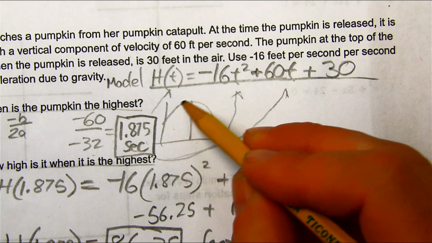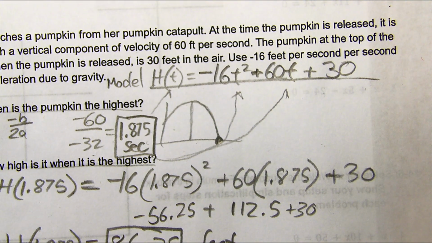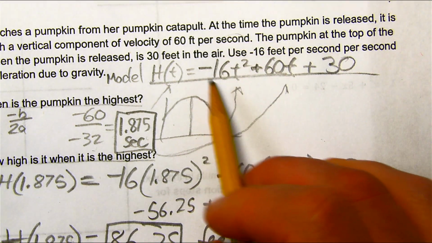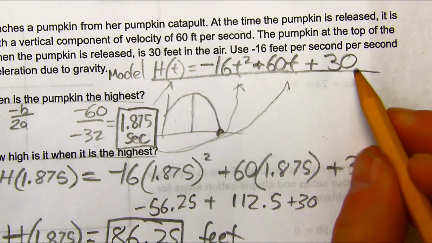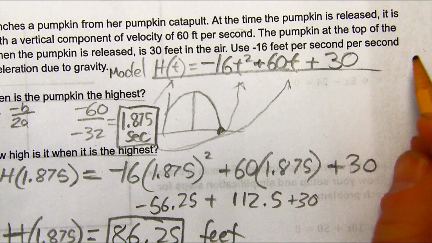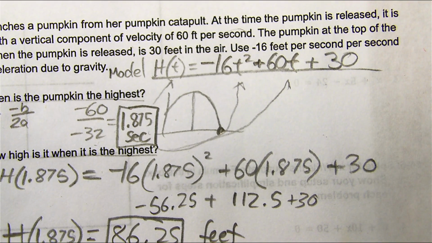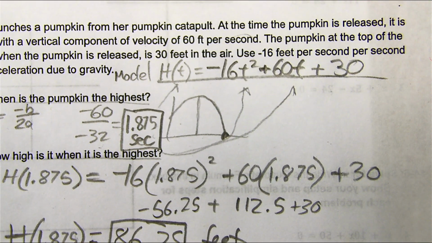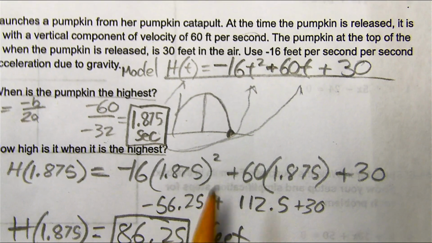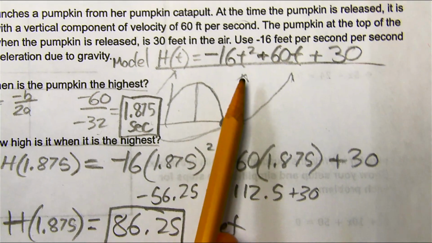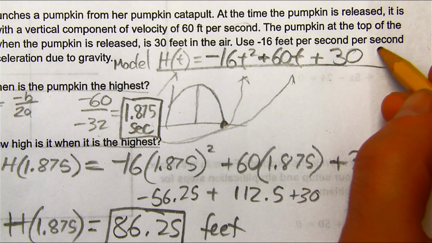When does the pumpkin hit the ground? Going back to our picture, the ground is at 0 height. So we want to know when the height function equals 0. If it equals 0, we can use the formula, because the formula tells you what the variable is if a trinomial equals 0. There's our trinomial. Let's say it needs to equal 0.